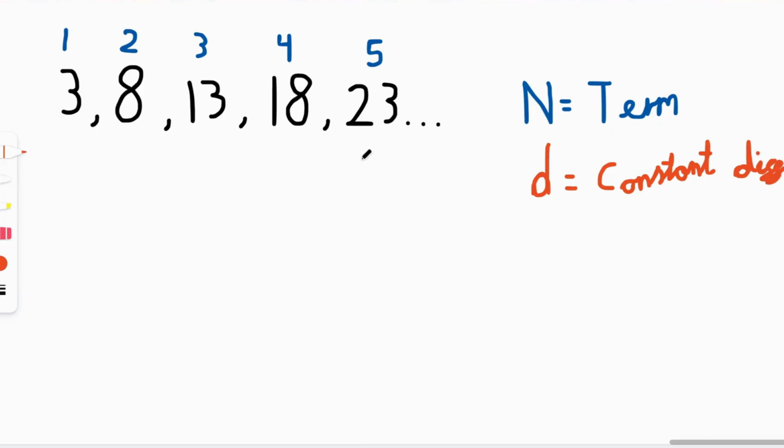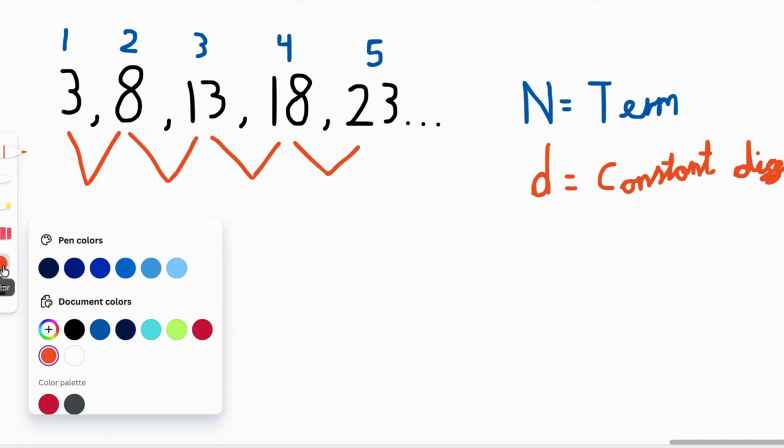In this one, for example, let's have a look. Let's draw our mountain type shapes. So from 3 to 8, we have 5. From 13 to 8, we have another 5. 18 to 23. Okay. This is looking like quite a lot of 5s. But it also is important to know that it can be minus.